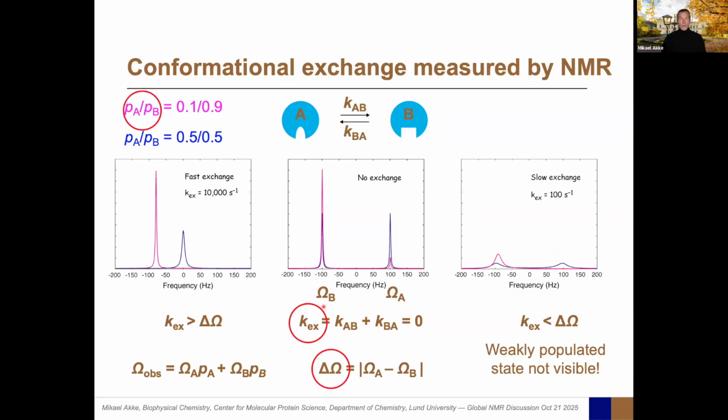And from this, fitting all of this data, we will get out the exchange rate, we will get out the chemical shift difference between the two states, and with some additional information we can actually tease out what the chemical shifts are of the two different states, and we get information about the populations. So, you know, I'm a physical chemist and I'm totally ecstatic because this is basically everything you could ever know about a biophysical system, namely the kinetics, the exchange rates, the structure, the chemical shifts, to the extent that you can interpret these.